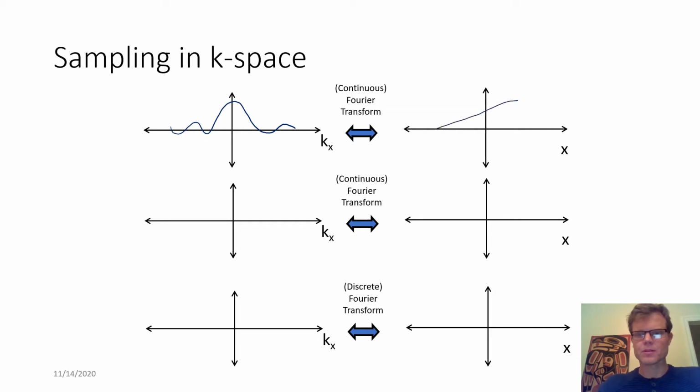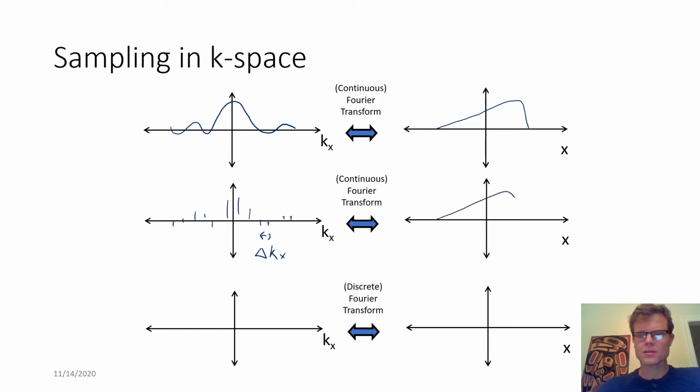Maybe this corresponds to an object. What we're going to do is, due to our time sampling, that's going to lead to some digitization or sampling in k-space, the sample spacing delta kx.